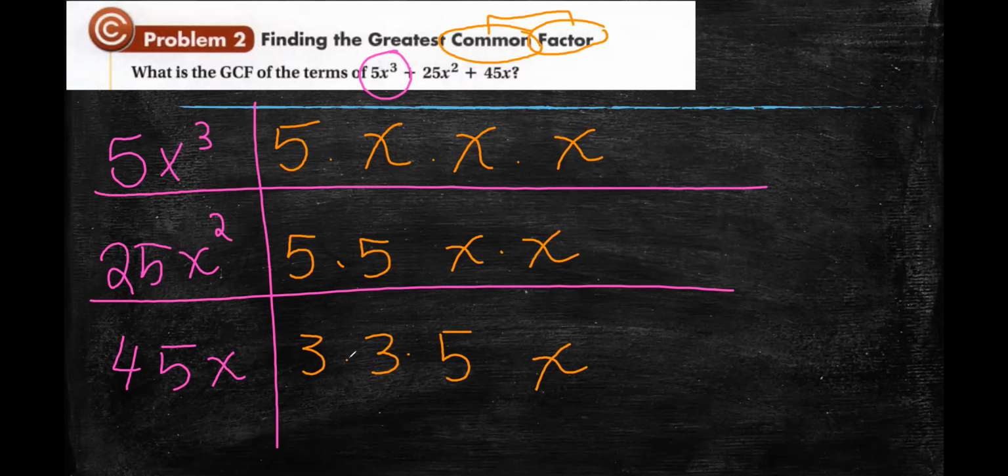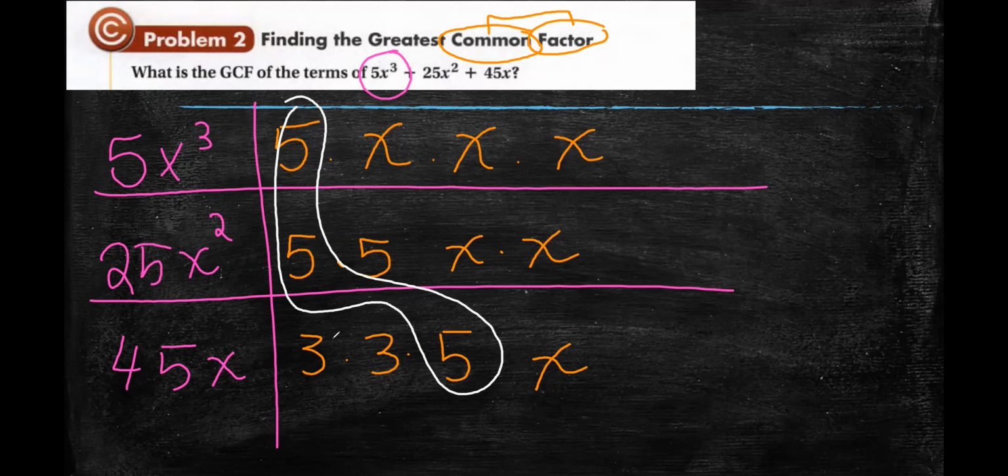So 5. Now let's choose another color here. 5, 5, 5. Then x, x, x. Is it right? These are the common. Look at the first and the second. We have an x that is common, but it is not common with the third term.